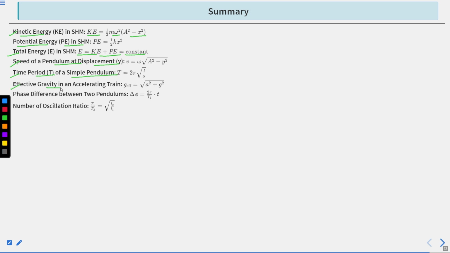Effective gravity in an accelerating train, G effective, is equal to under root a square plus G square. For the number of oscillations, the ratio T1 divided by T2 is equal to under root L1 divided by L2. So these are the main important formulas. Using these we learn the concept and solve the questions, clear.